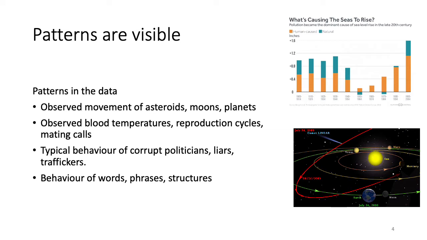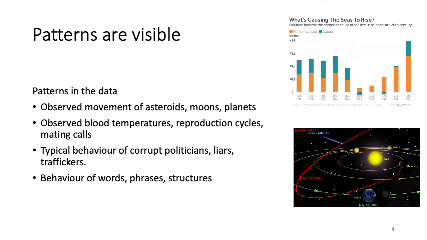So, for example, for astronomers, they observe the movement of asteroids and moons and planets, the blood temperature of animals observed by biologists, typical behavior of corrupt politicians, and what we're interested in here is the behavior of words, phrases, and structures.